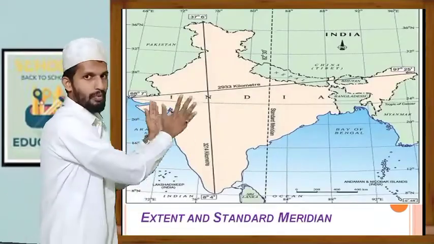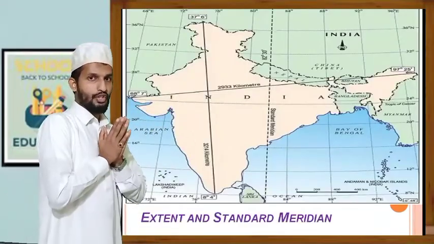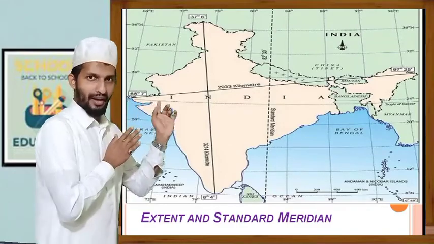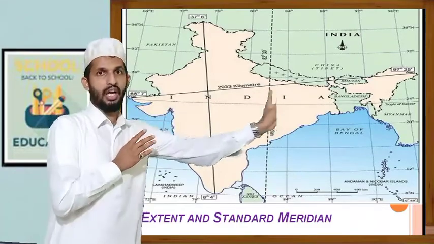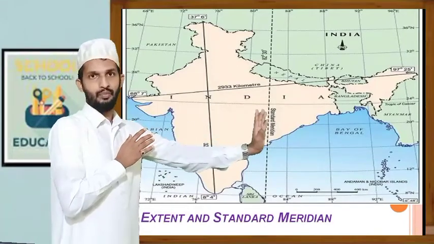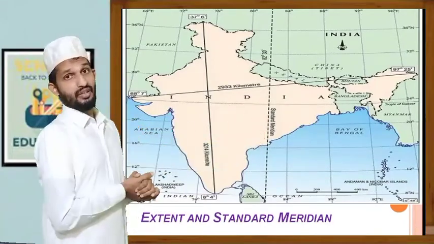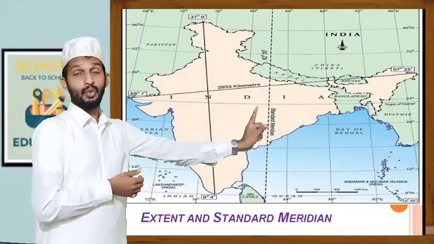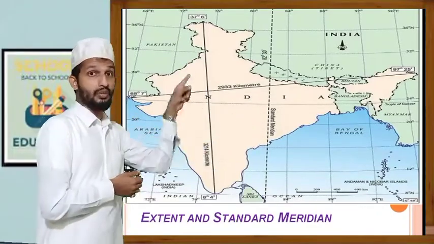So this is the map of India we can see here. It shows two main lines, one horizontal and one vertical. This is the total length of India. So you can simply understand which is the longest way, horizontal or vertical.